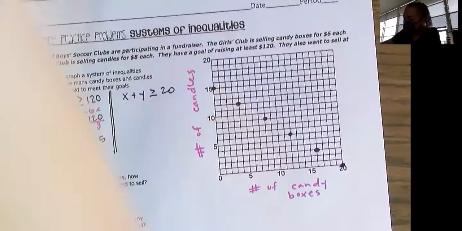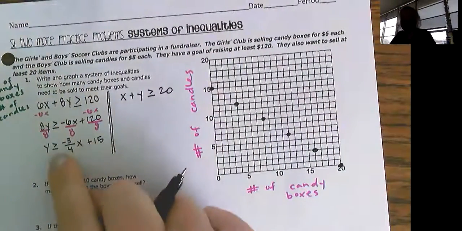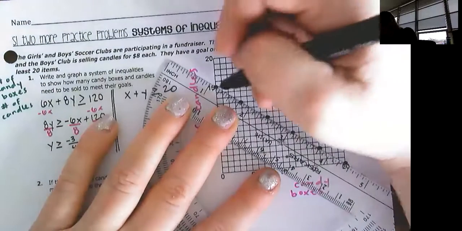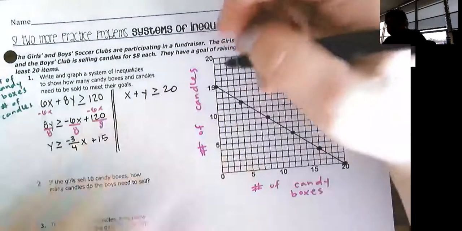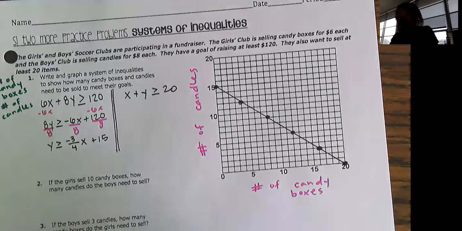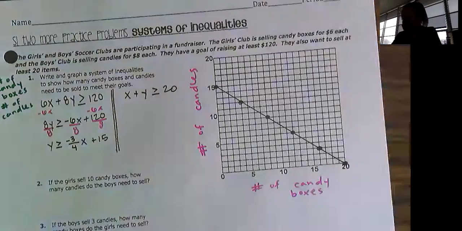Okay, solid or dashed line? Well, this one has an equal to underneath it, so I'm going to use a solid line to connect them. Now, I can probably use context clues to figure out which side of this I am going to graph, but I'm going to use a test point.